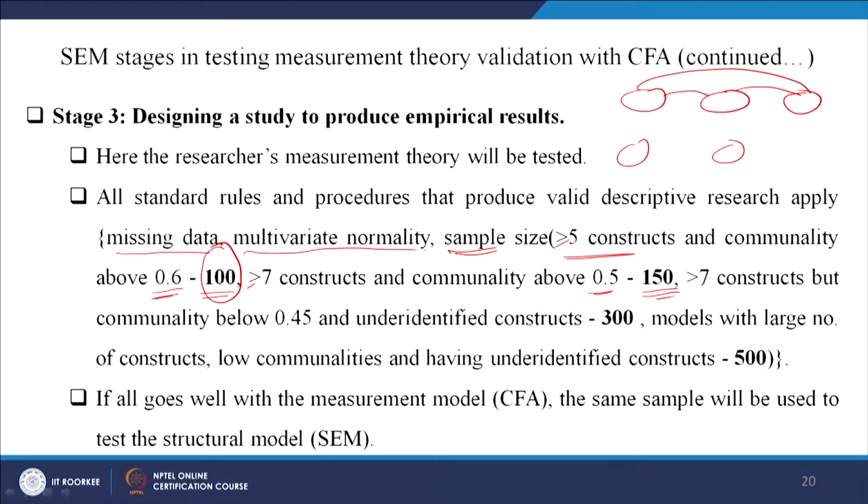When the number of constructs is greater than or equal to 7, but the commonality is less, which is 0.5 or 0.45 and below, and you have under identified constructs, that means a construct with less than 3 variables explaining it, there you require a higher sample size, around 300. When you have models with a large number of constructs, maybe 8, 9, 10 constructs, and the commonalities are low, and you have under identified constructs, a sample size of almost 500 is required.